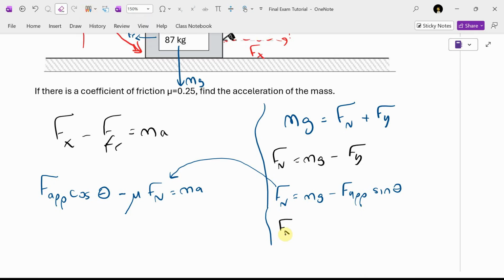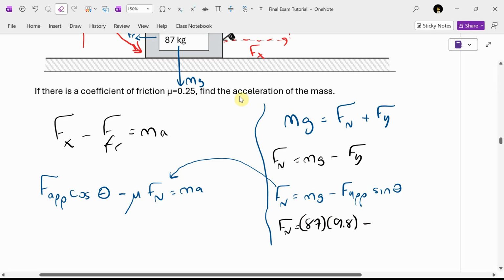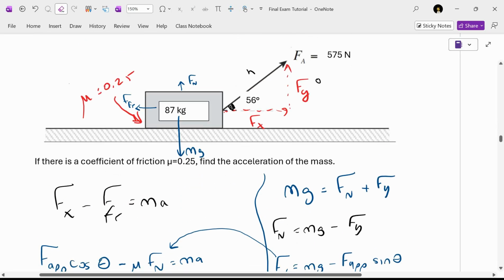If I were to crunch this, it would be 87 times 9.8 minus 575 sine 56.